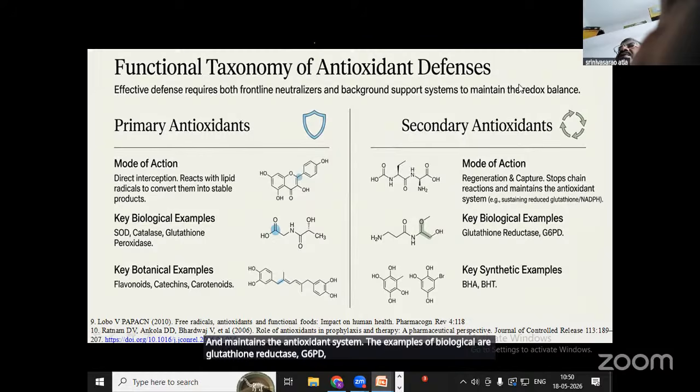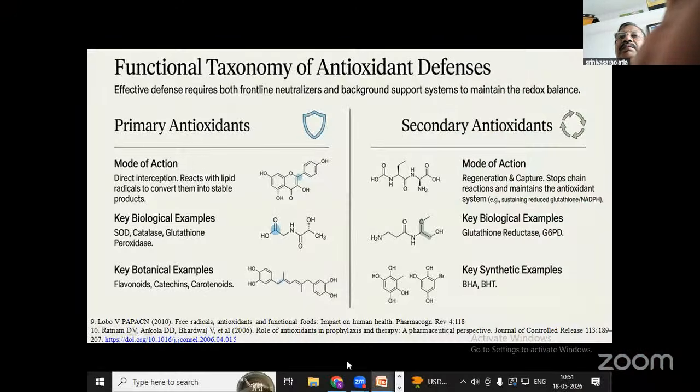The synthetic examples are BHA and BHT. Next slide, please.